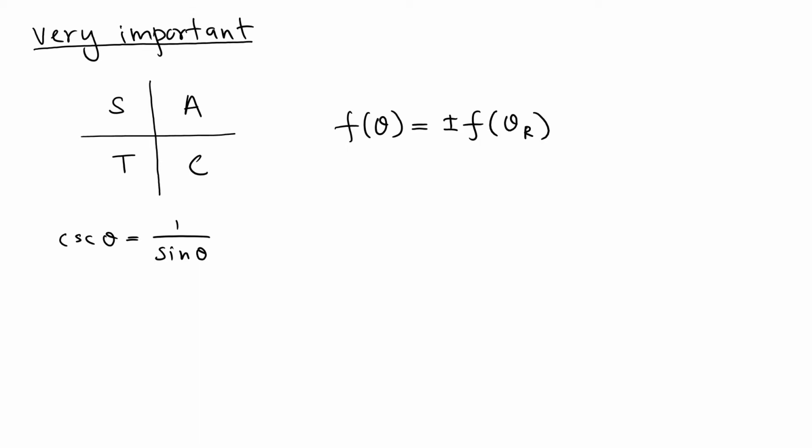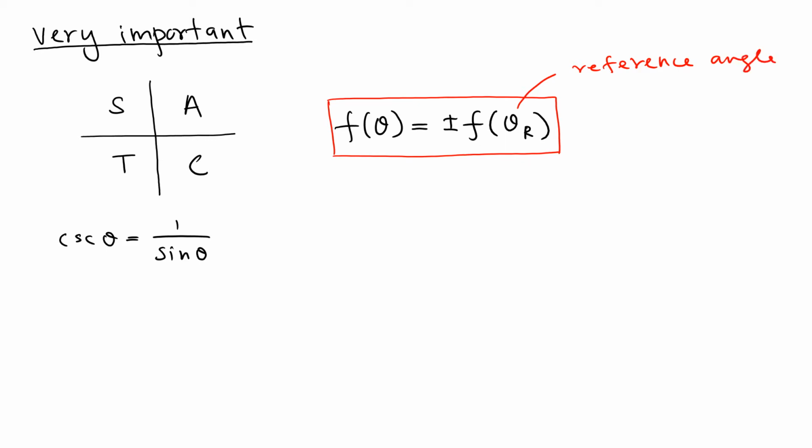Okay, and as the major formula, we use f of theta equals plus or minus f of theta r, where theta r is the reference angle. To find the reference angle, because there are 4 quadrants, let's recall how we find it.